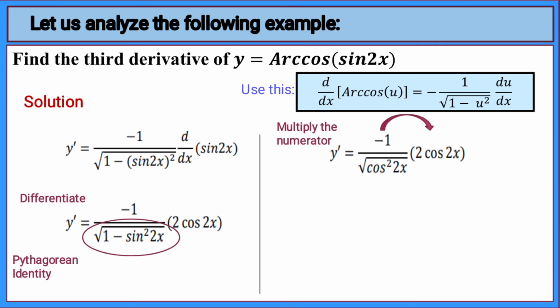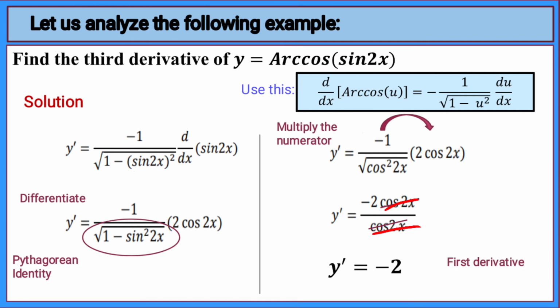And by multiplying those numerators, we'll get y prime is equals to negative 2 cosine 2x over cosine 2x. So since we have 2 cosine 2x here, numerator and denominator, our first derivative will be negative 2, right?